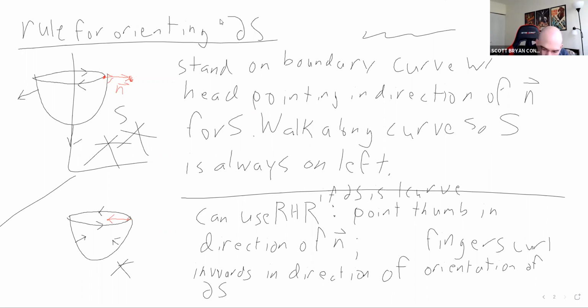If I'm standing on the boundary curve right here, my head is going to be pointing in the direction of the unit normal vector. So either your head is going to be facing one side or the other, and that determines how you're standing on there. And then you want to walk along the edge so that S is always on your left.